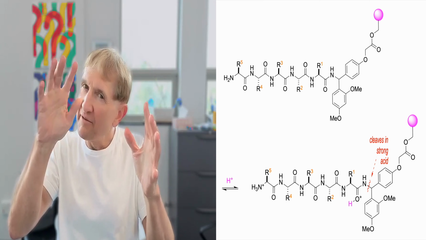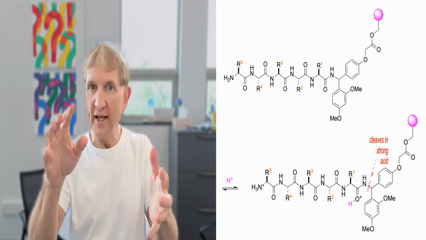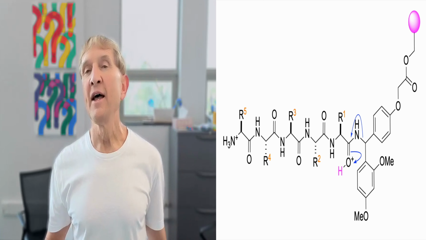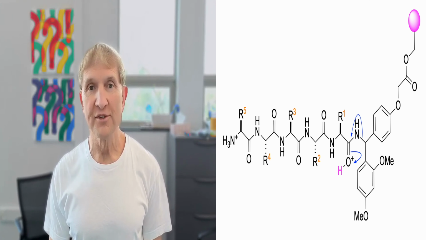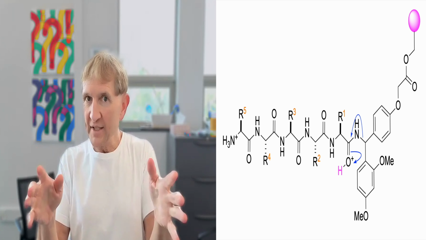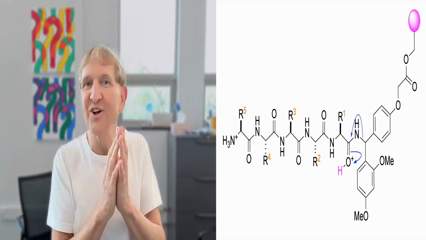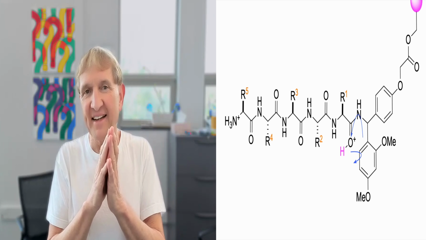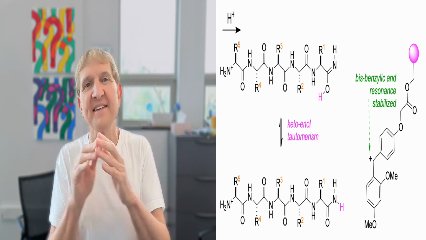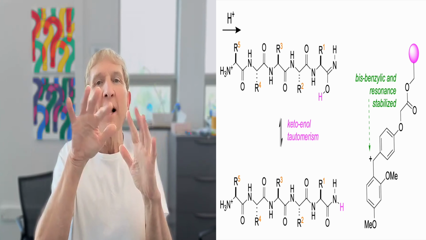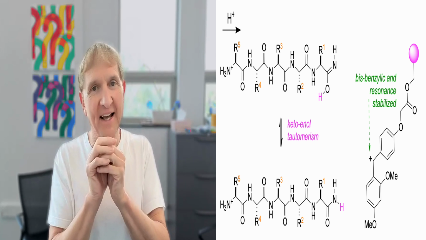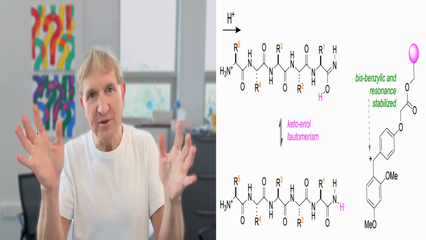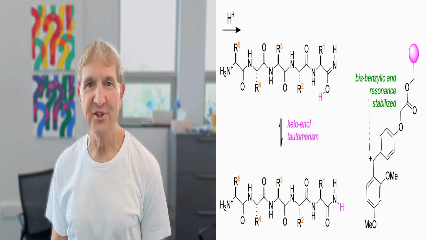So if that carboxamide is protonated with an acid like trifluoroacetic acid, it protonates on the carbonyl, not on the nitrogen, remember, on the carbonyl because of resonance. And then the rest is easy. We form a bisbenzylic carbocation, and the carboxamide is liberated in solution.